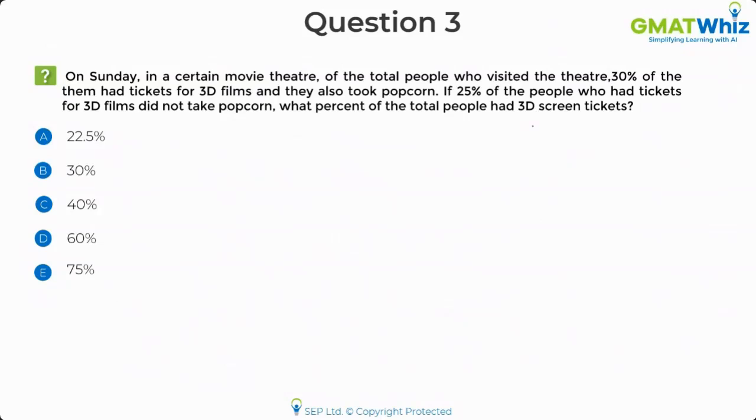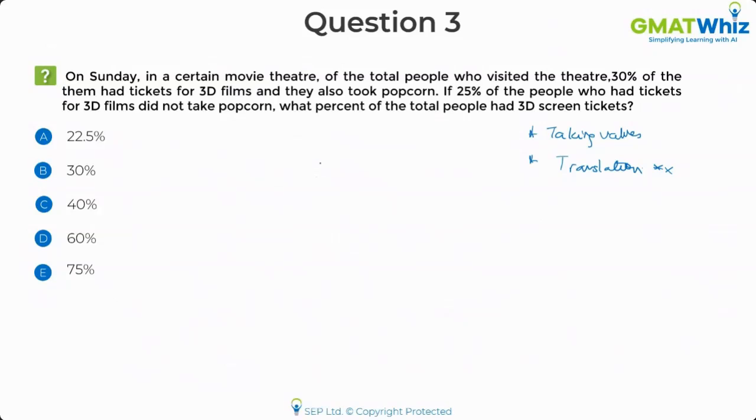Taking values is one reason I wanted to discuss this, but the other thing is your translation skills. If you are not good with this, taking values is not going to help you at all. So please keep this in mind.